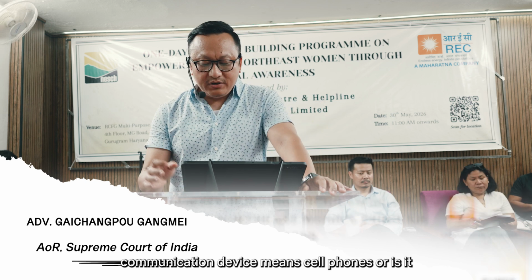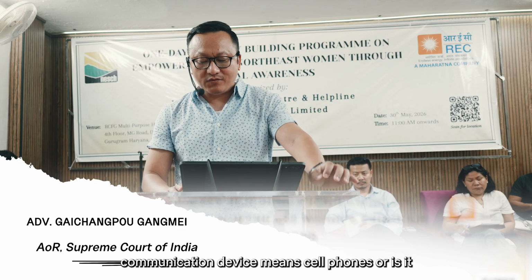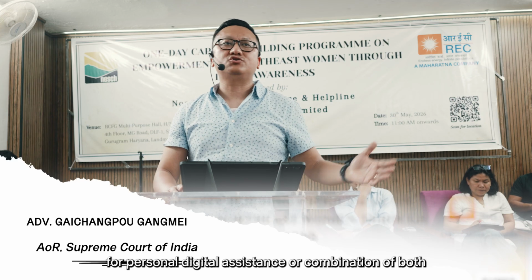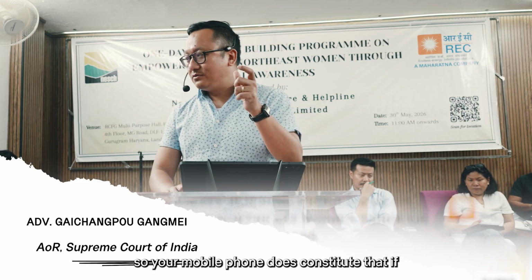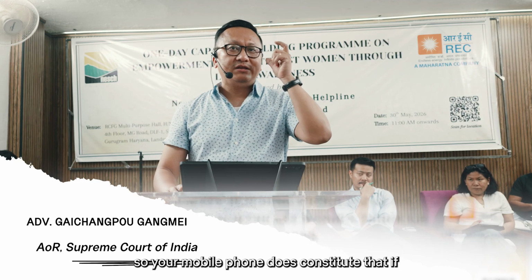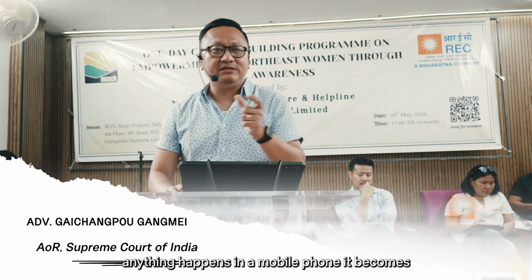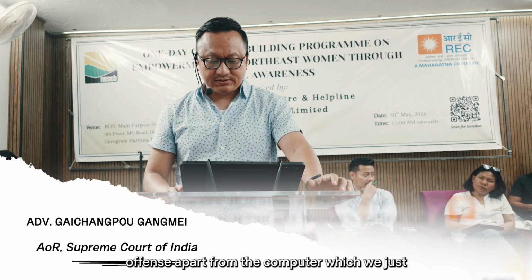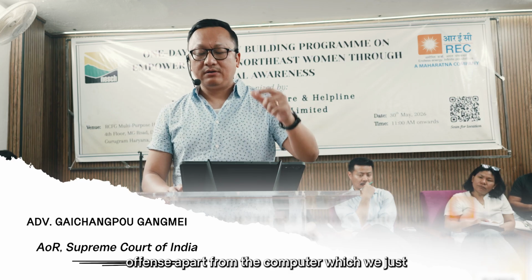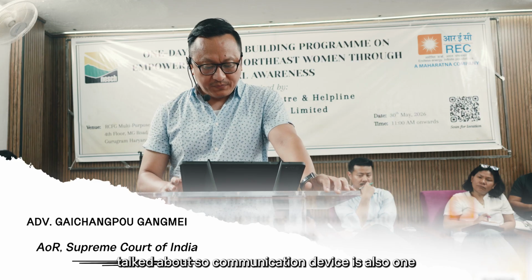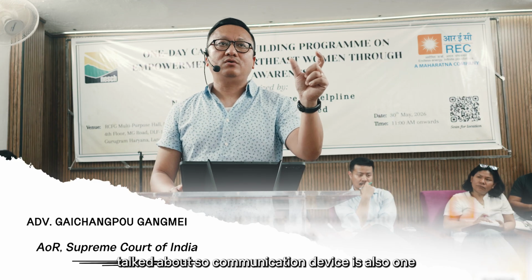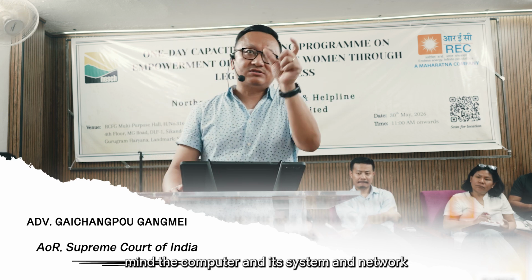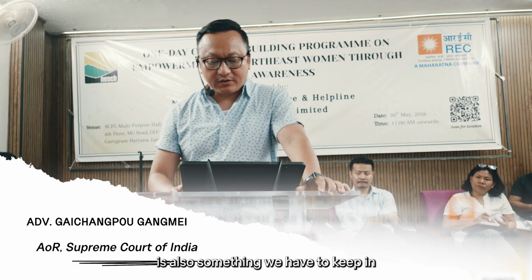And it says a communication device means cell phones, or personal digital assistants, or a combination of both. So your mobile phone does constitute that. If anything happens on a mobile phone, it comes within the sphere of cybercrime or cyber offence, apart from the computer, which we just talked about. So communication device is also one important thing that we have to keep in mind. The computer and its system and network is also something we have to keep in mind.